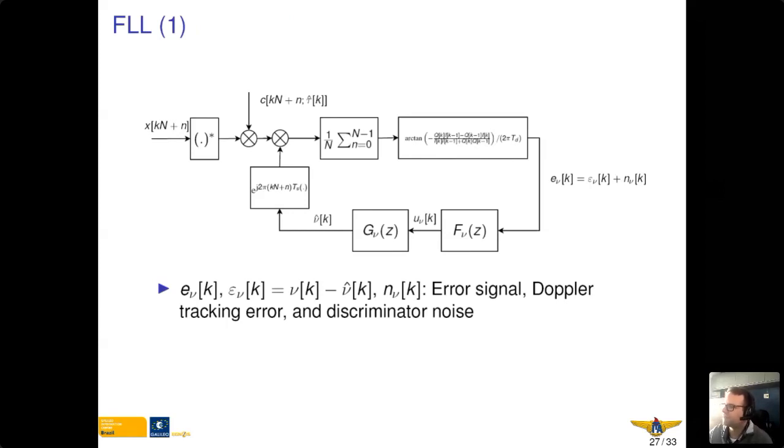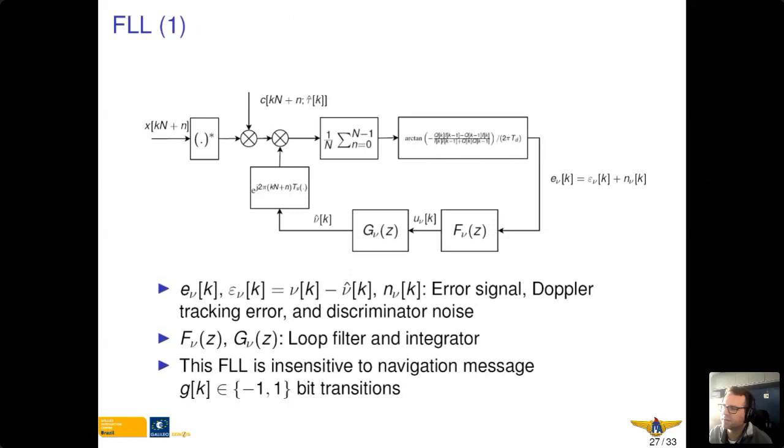And we also have n nu of k, the discriminator noise. We have some loop filter and integrator again, also the same as for the PLL and the DLL. And the FLL is insensitive to navigation message bits, which is very important for our application.